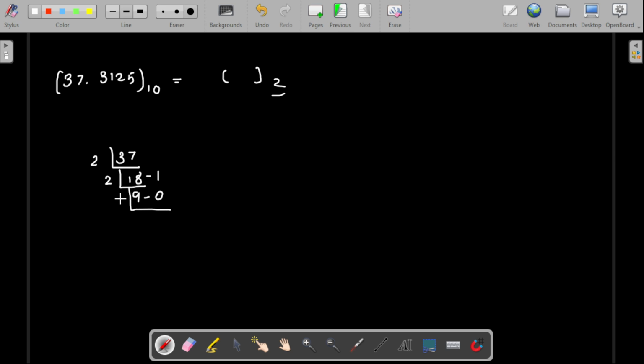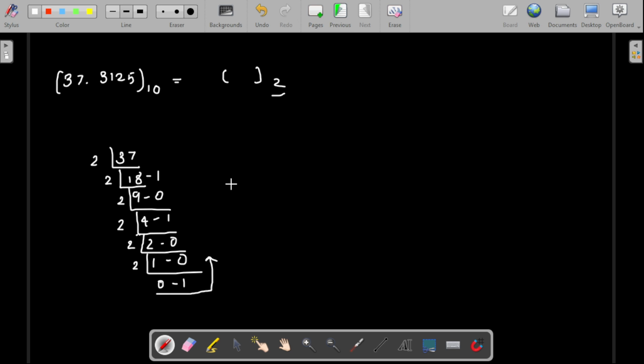It's the normal LCM-style thing, right? Then 4, remaining 1. Then 2, remaining 0. Then 1, remaining 0. Then again if we divide by 2, we get 0, remaining 1. We have to make sure we continue until 0 comes here too.